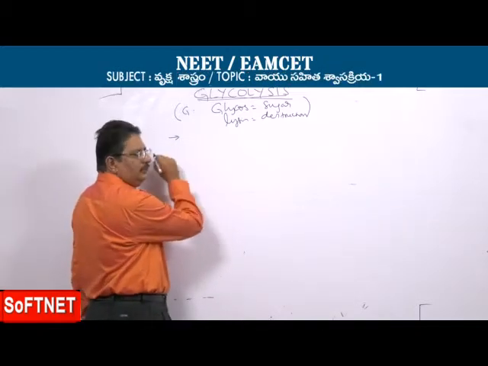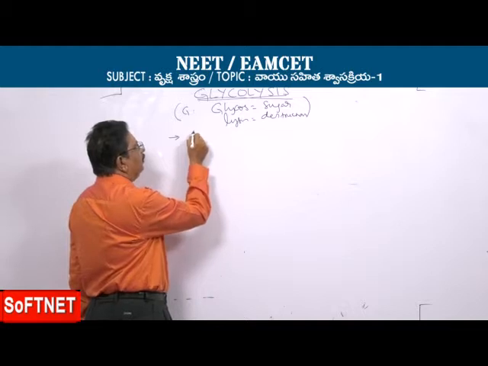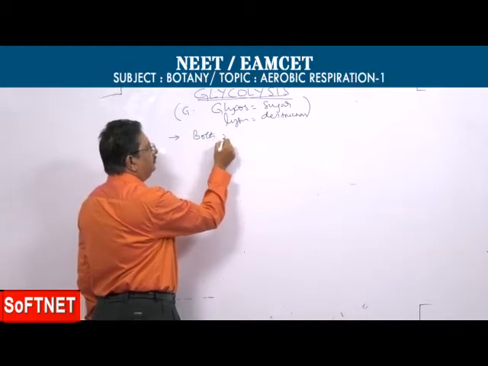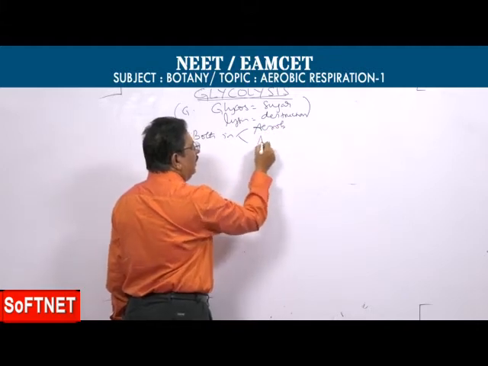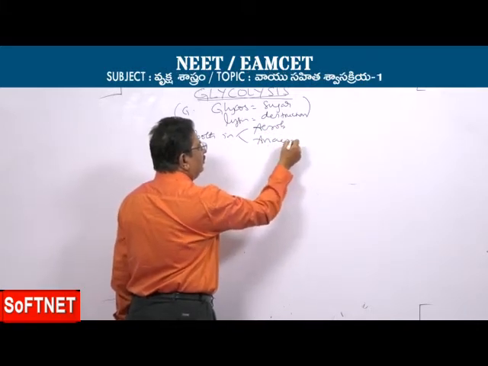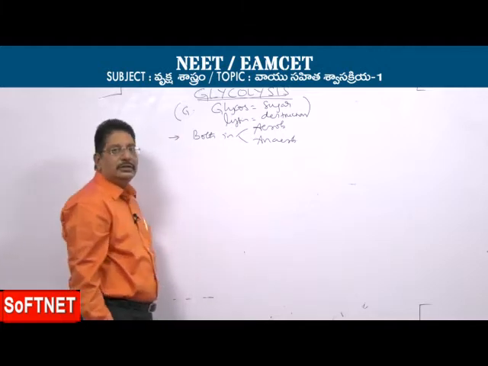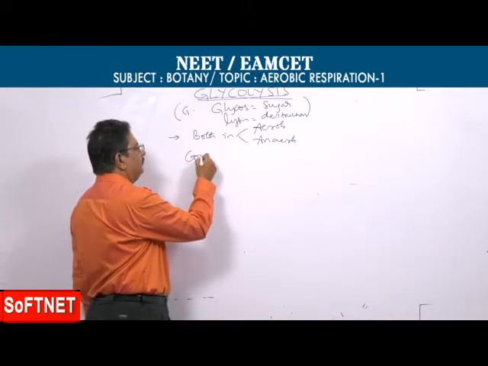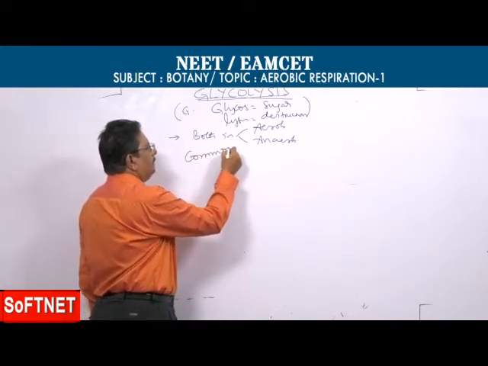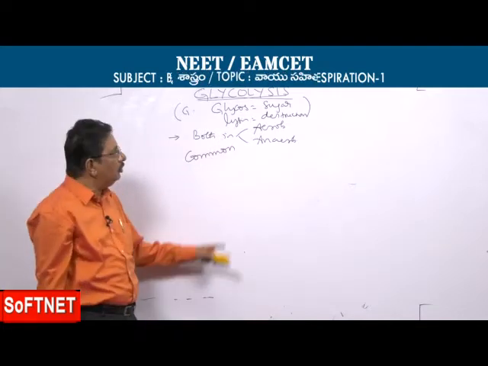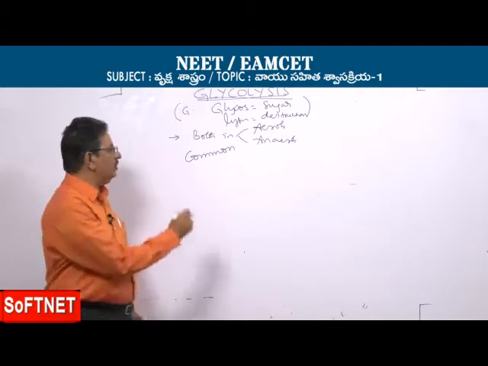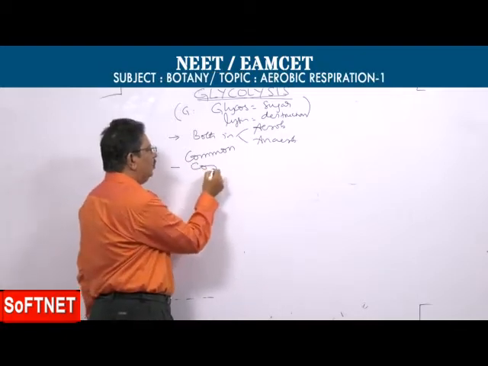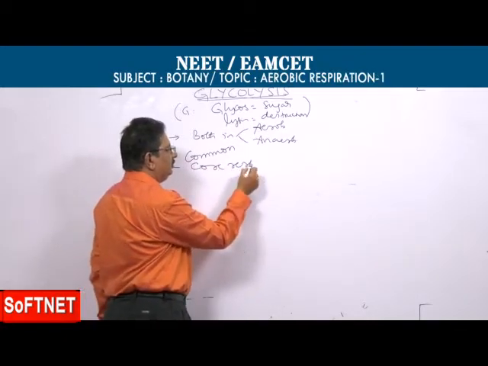So, let us look at the importance of glycolysis. Glycolysis is a step that occurs in both aerobic respiration and anaerobic respiration. That means this is a common step in both aerobic and anaerobic, and it is also commonly called core respiration.